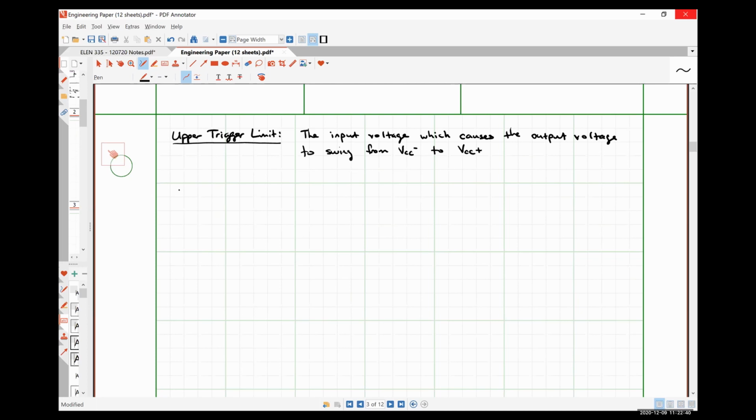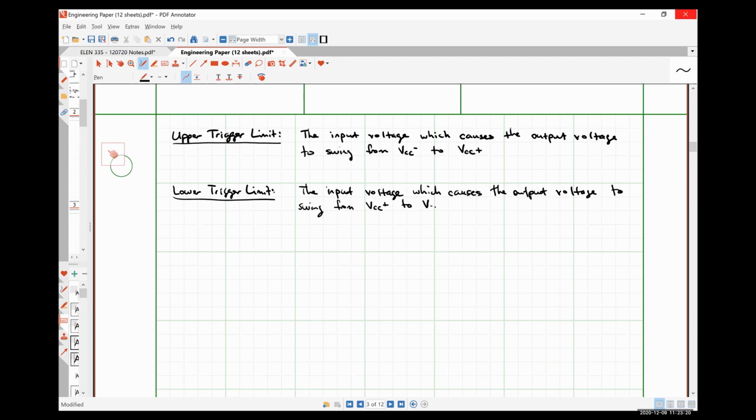The lower trigger limit is the input voltage which causes the output voltage to swing from VCC plus to VCC minus, or it's the input voltage that causes the output to swing from high to low.